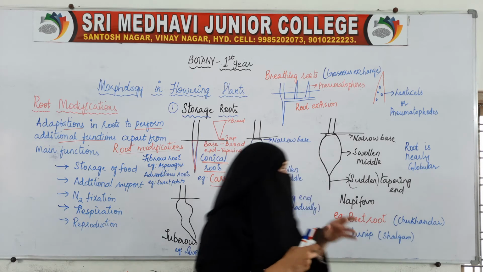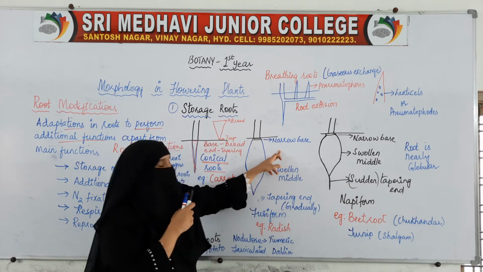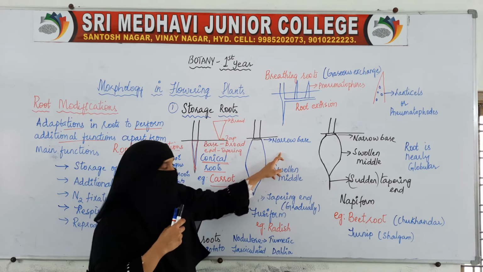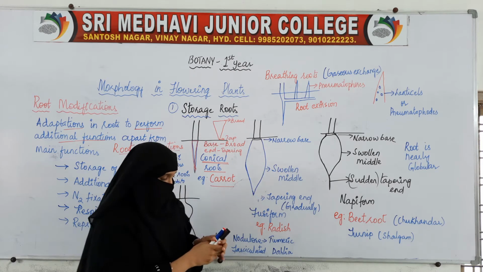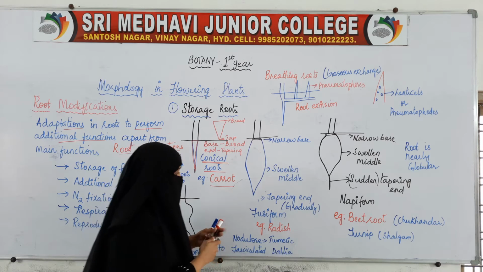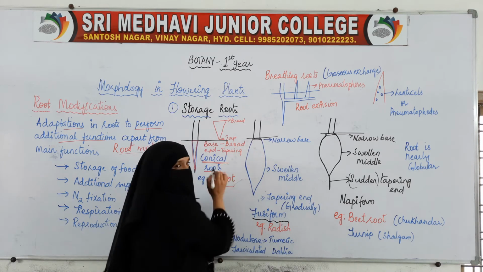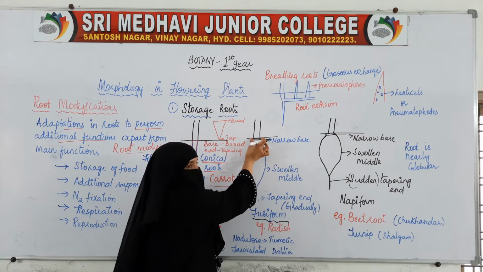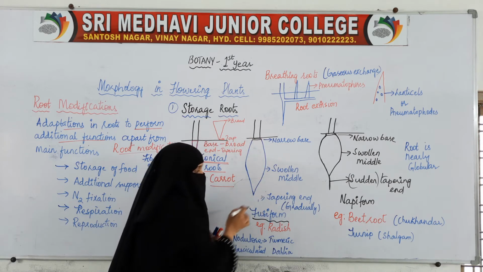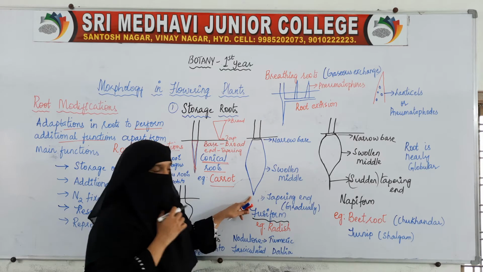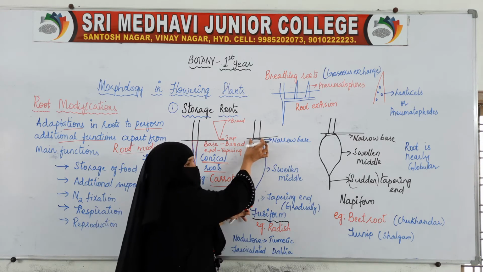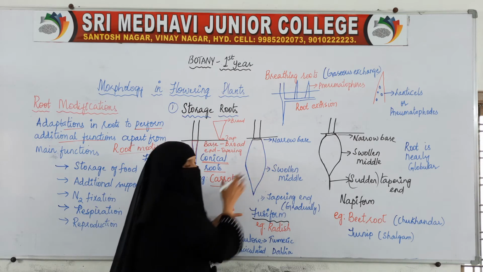Next, apart from this, another shape is fusiform. Here in this fusiform shape, the base will be narrow, and the end will also be narrow, tapering. The base will be narrow, and the middle will be swollen.